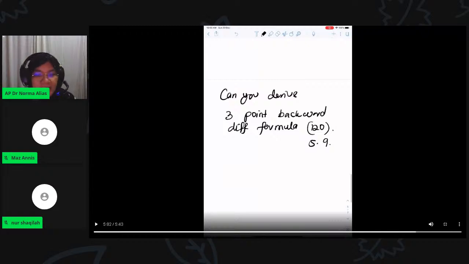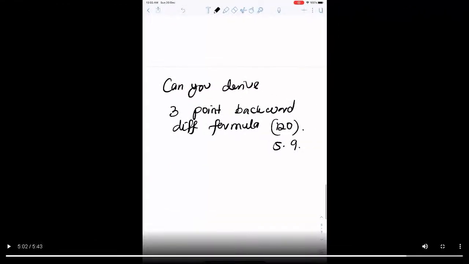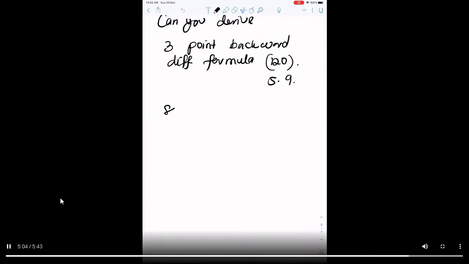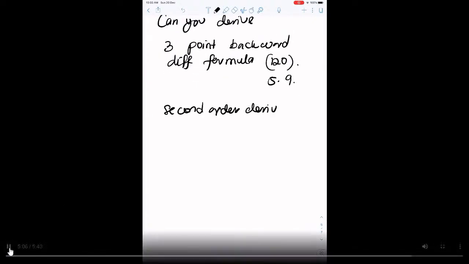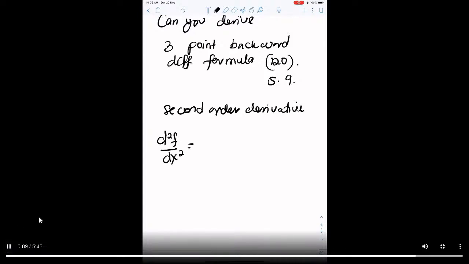All right, and the important thing I want to express here is that sometimes you need to use a second order derivative, for example del squared f over del x squared. Why? Because if you want to find the optimum of a parabolic equation, you can use a second order derivative.